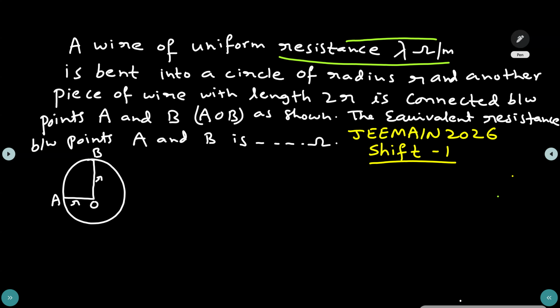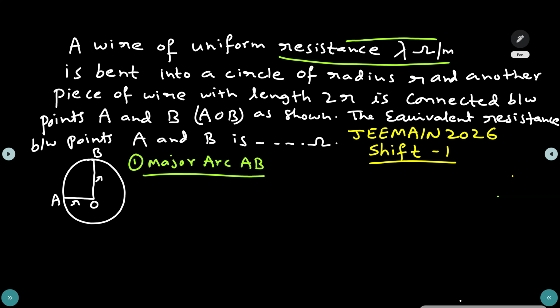Here I am taking the first part as the major arc AB. The total circumference of the circle is 2 pi r, already you know. Here the arc AB subtends an angle of 90 degrees at the center, clearly you can observe.